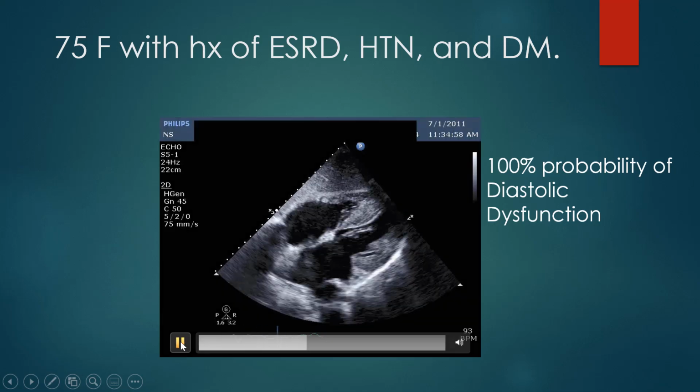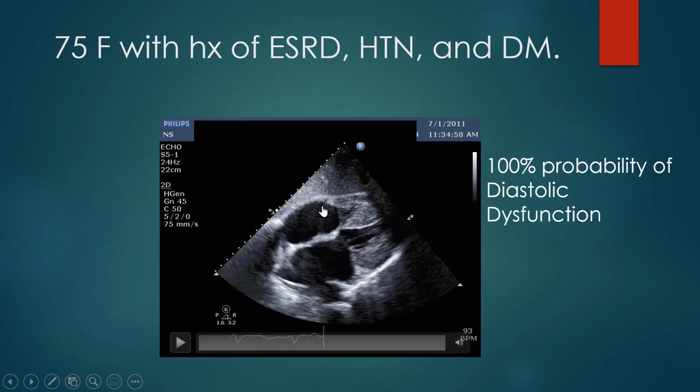Let's watch this video. It's a short clip, but you immediately recognize it's a subcostal image. You have your right ventricle, right atrium, left ventricle, left atrium. You immediately notice how generous and large these atria are.